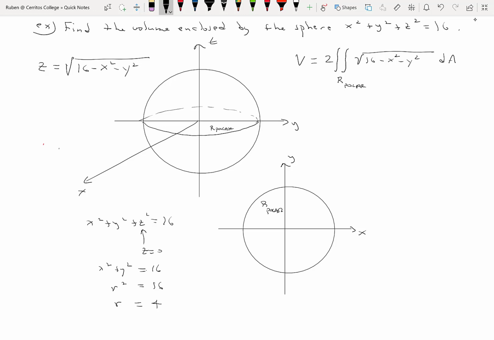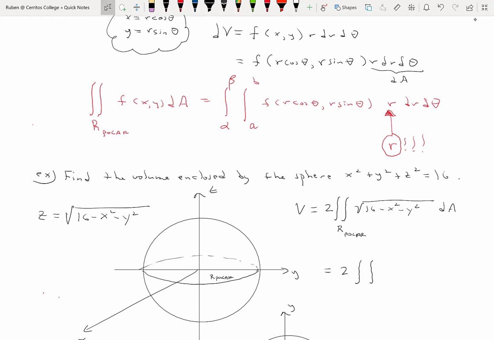So back up to our integral. The integral then is 2, and the 2 again comes from the idea that we're looking at finding the volume of the upper half of the sphere and then multiplying by 2 to get the entire sphere. Look back at our formula in red. We're integrating the value of the function in polar form. That means we replace x and y with r cosine theta and r sine theta.